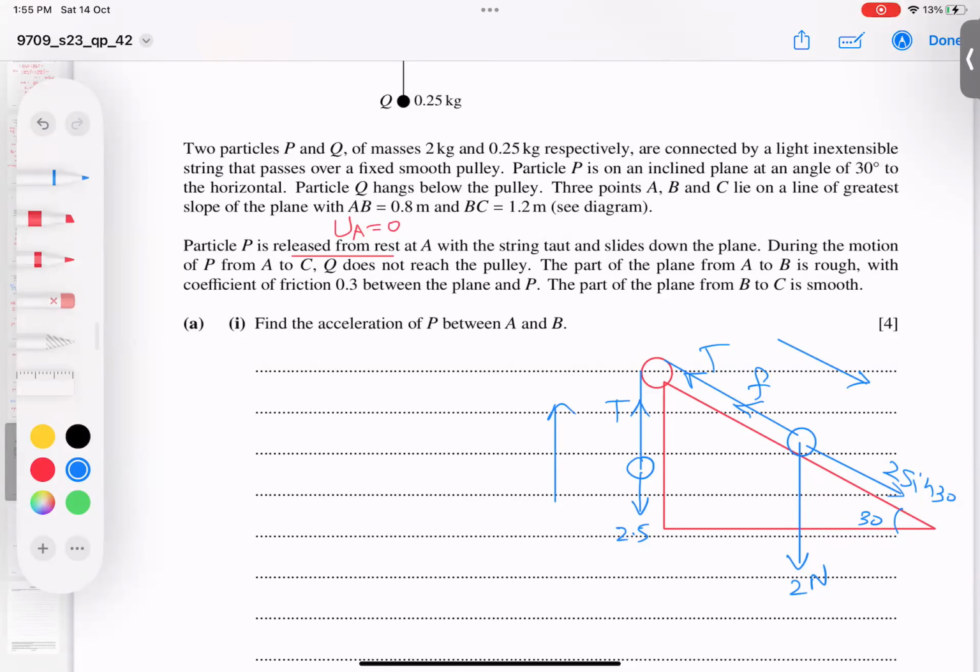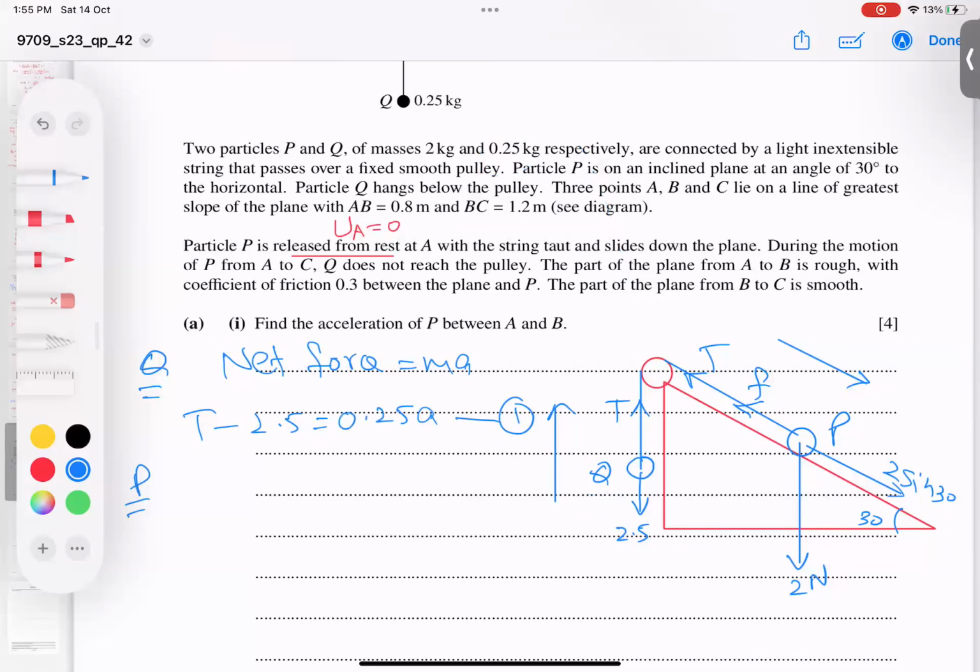Now how to get it? We have to make two equations. First of all, this is the Q particle and this is the P particle. So let's take the Q particle. Because the system is going upward, T is bigger and the weight is smaller. What basic formula do we use? Net force equals MA. I can say tension minus weight component equals MA, and the mass of the Q particle is M, with acceleration A. Equation number one done.